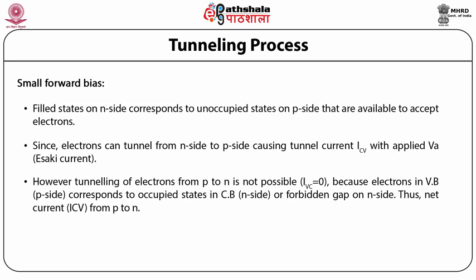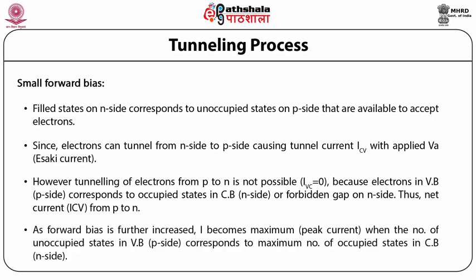So students, as forward bias is further increased, I becomes maximum, that is peak current, when the number of unoccupied states in the valence band on the P side corresponds to the maximum number of occupied states in the conduction band on the N side.